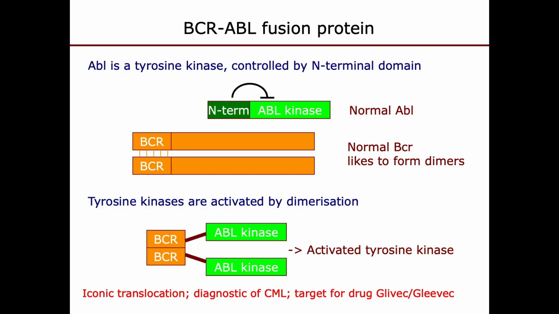So this fusion protein is a superactivated form of Abl kinase, and it illustrates just how powerful and unexpected the effects of a chromosome translocation can be.